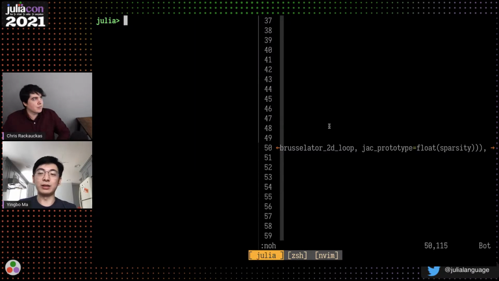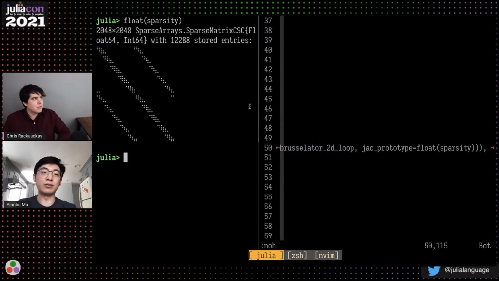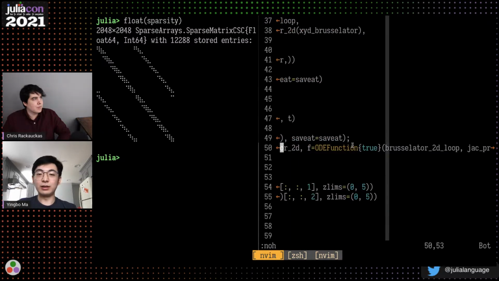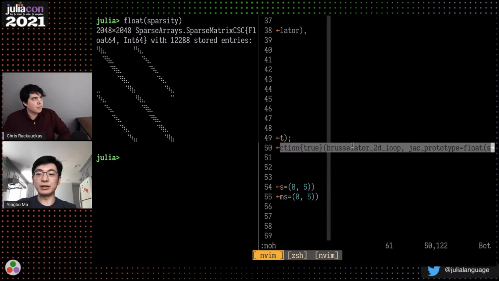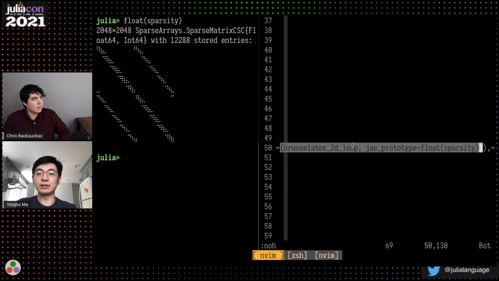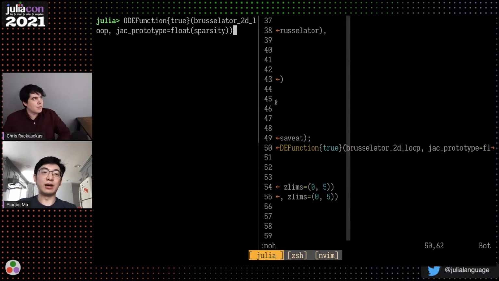So we need to convert the sparsity pattern to have the float type, so it has the element type of Float64. Then we can add this information to the right-hand side definition using the ODE function.